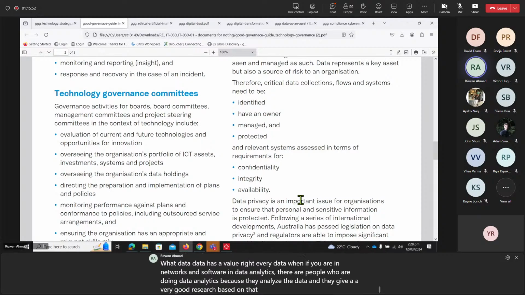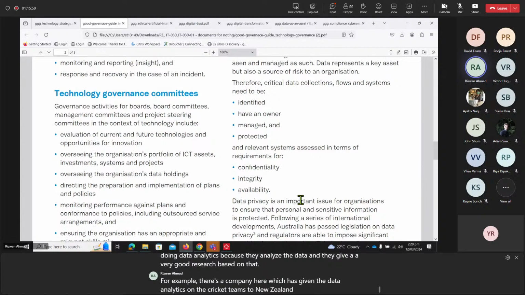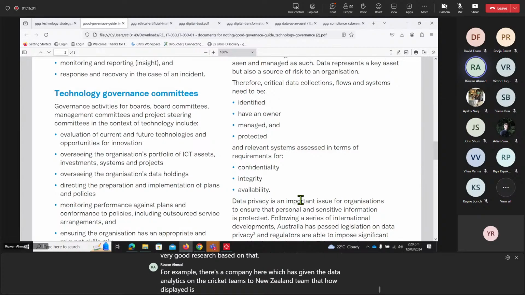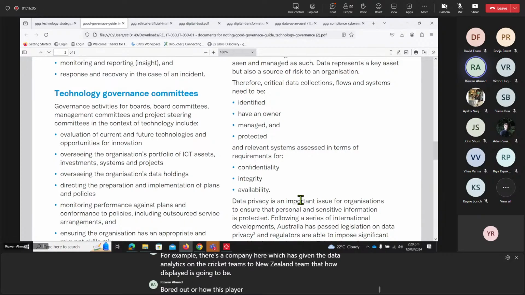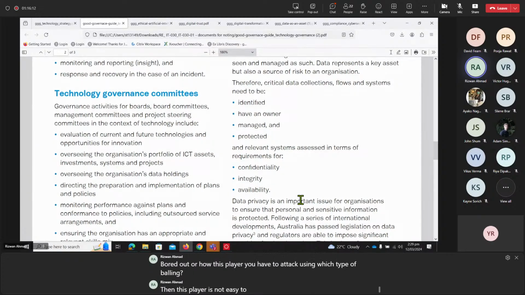For example, there's a company here which has given data analytics on the cricket teams to the New Zealand team, on how this player is going to be bowled out, or how you have to attack this player using which type of bowling, because this player is not easy to handle.